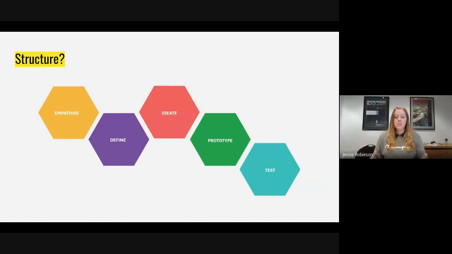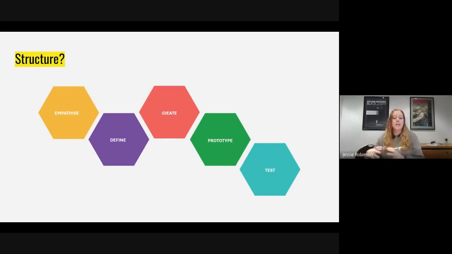When I say structure, I use this structure. The structure that I like to use is based on Stanford Design School, and this is what they use when they're designing anything. This is their central idea that they work around. It starts with Empathise, then Define, Ideate, Prototype, Test.